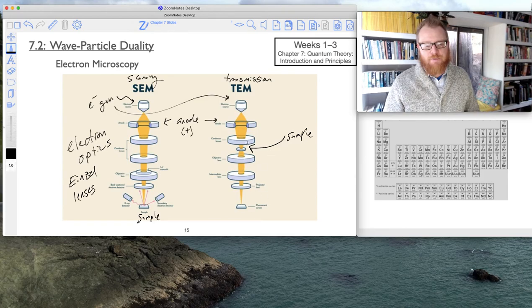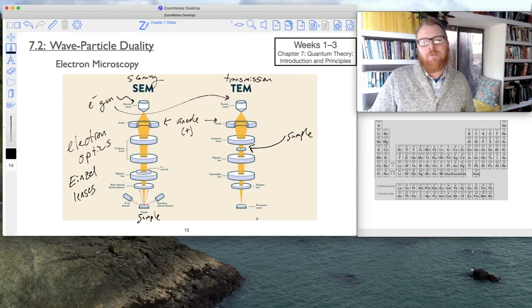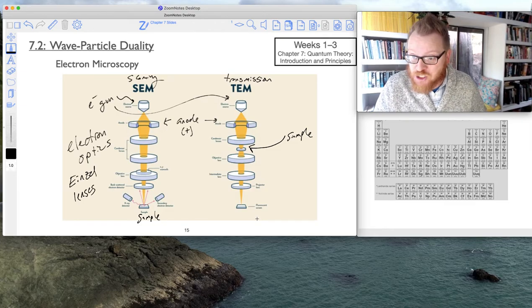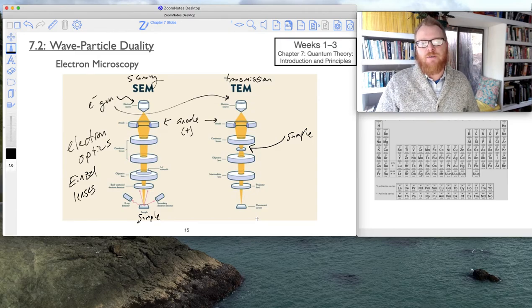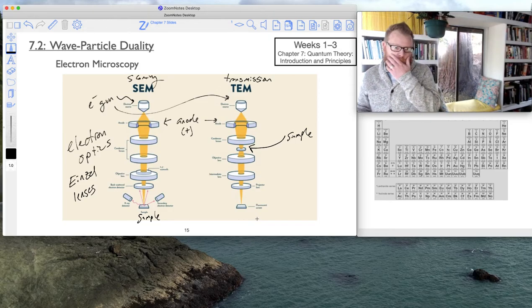That diffraction pattern is shot onto a phosphorus screen, and lots of complicated math is used to convert that diffraction pattern into an image. Often that image is atomically resolved. So we get atomic scale, which is awesome.